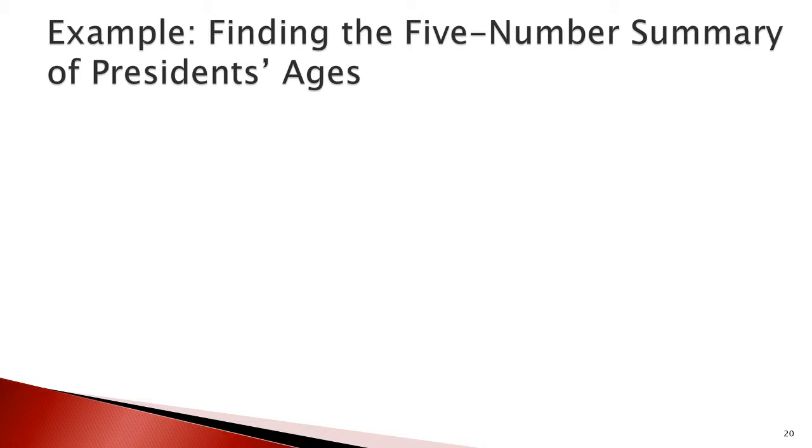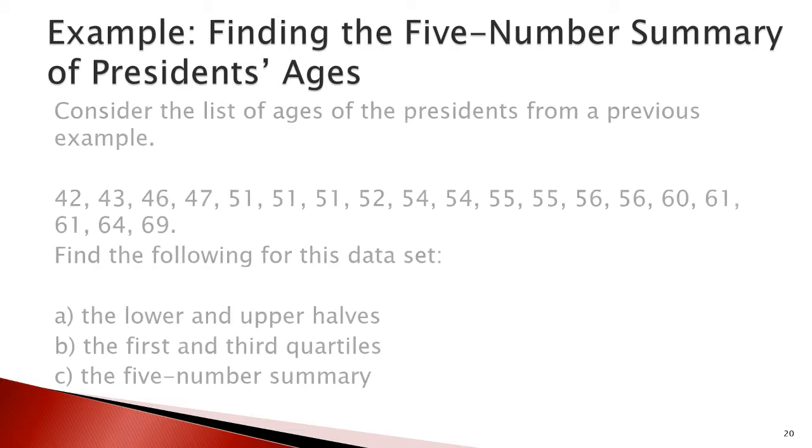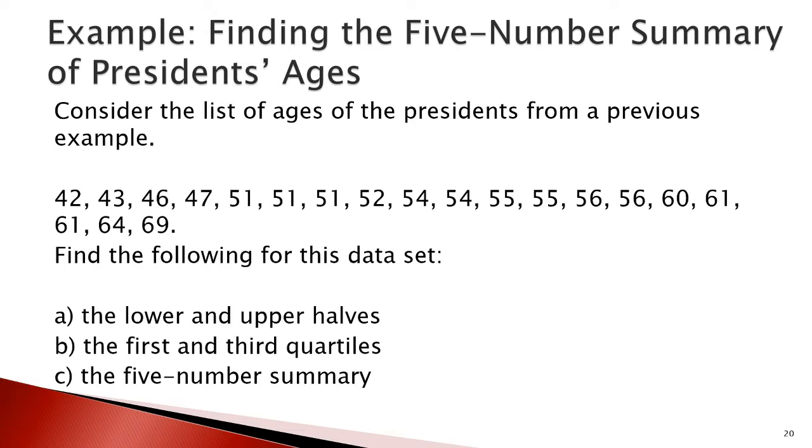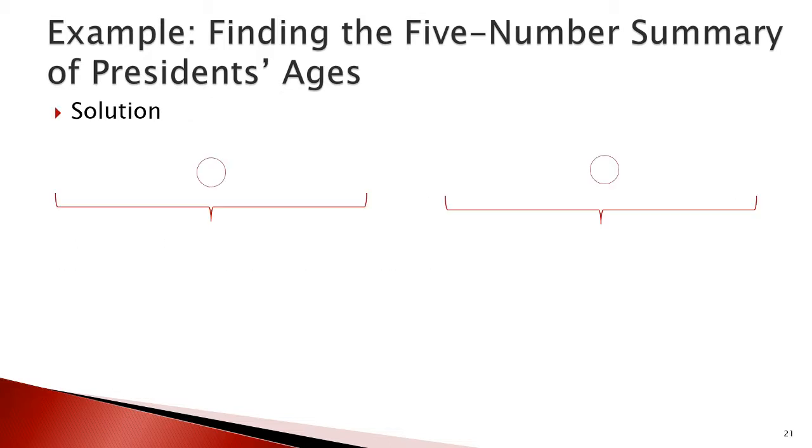Here they are telling us to find the five number summary of the presidents' ages, the example that we have done before. We need to find the lower and upper half of this data set, then the first and third quartile, and finally the five number summary.